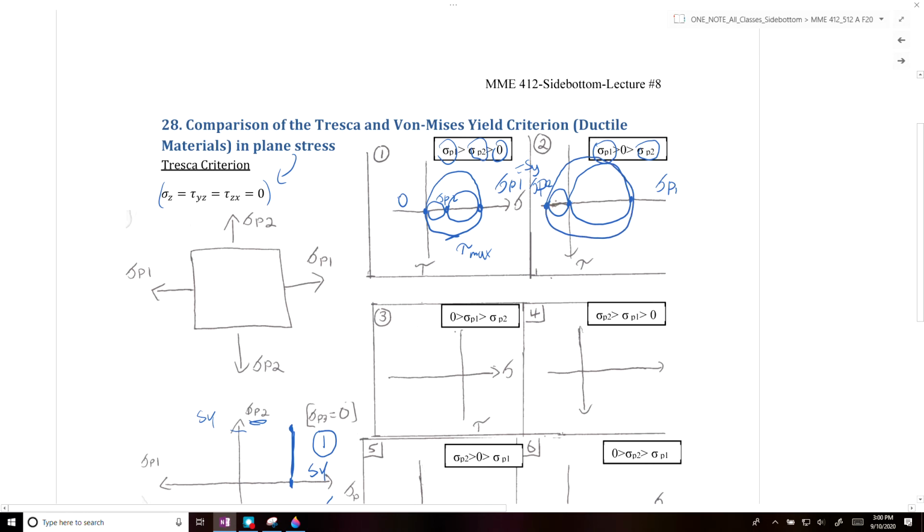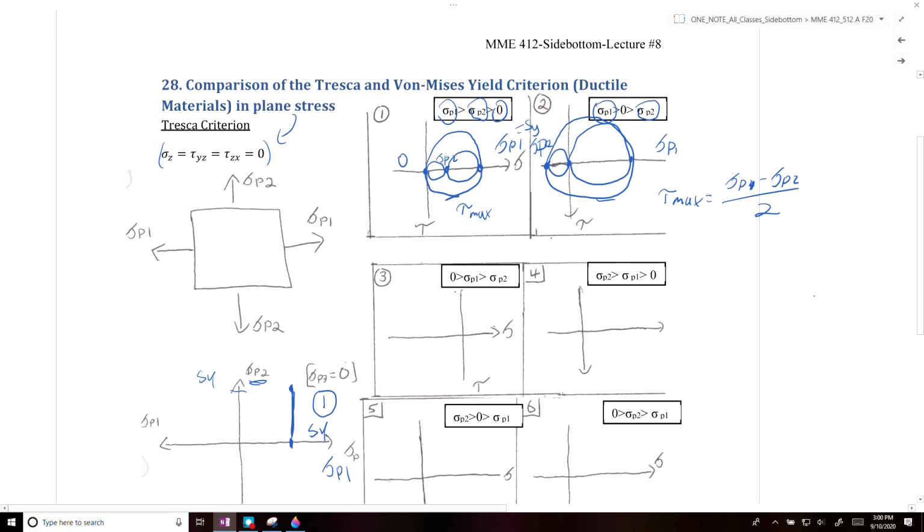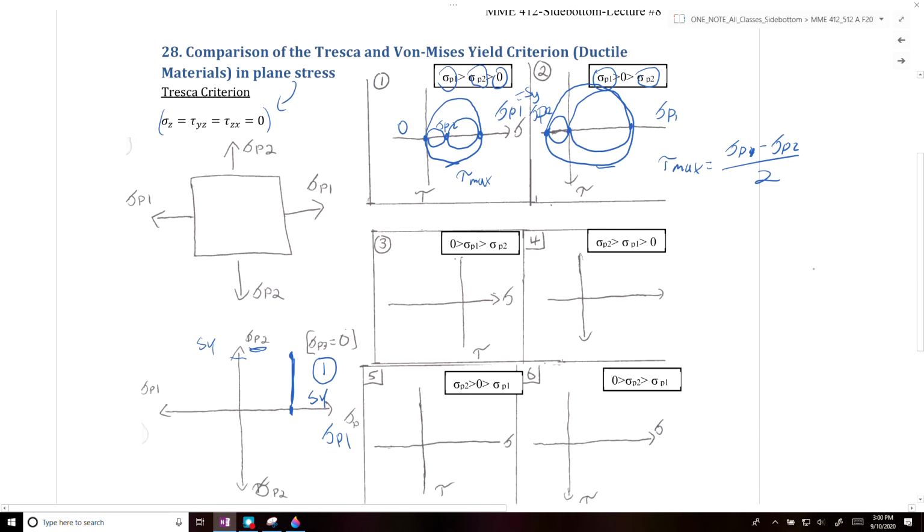So our maximum shear stress in this case, our tau max, would be equal to sigma p1 minus sigma p2 divided by 2.